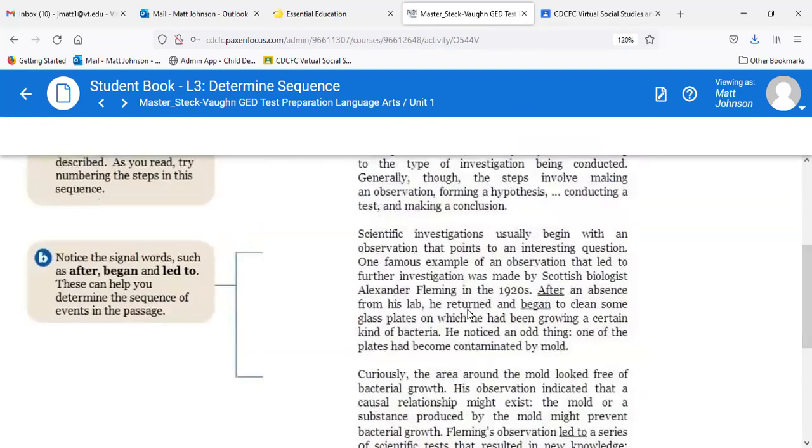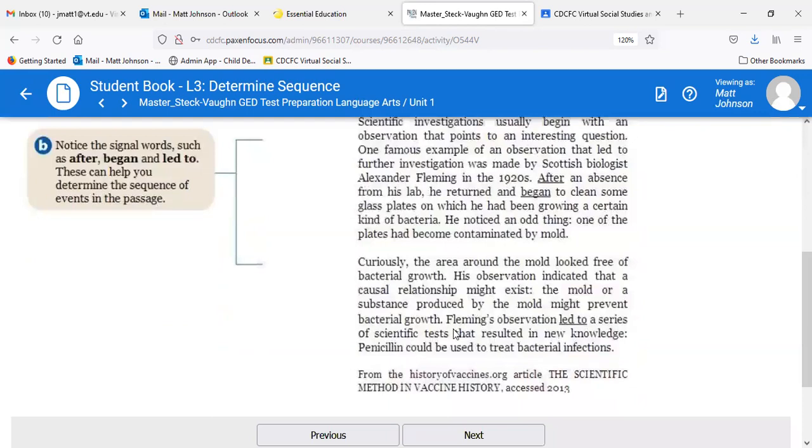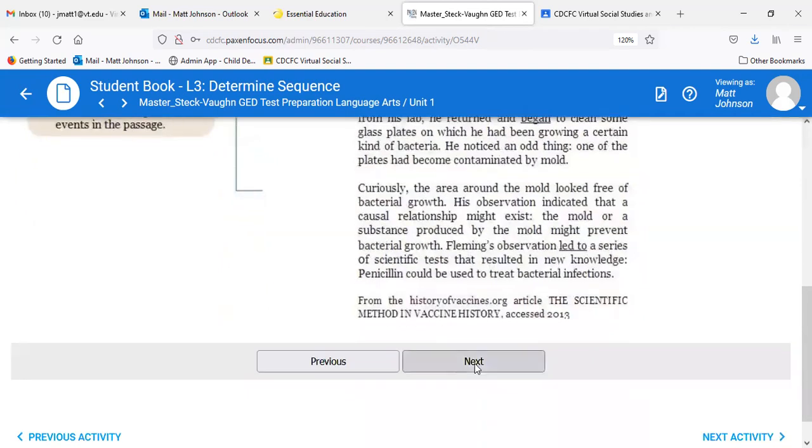So after an absence from his lab, he returned and began to clean some glass plates. And then farther down here, Fleming's observation led to a series of scientific tests. So that kind of cause and effect, helping guide your order there, the sequence of events.